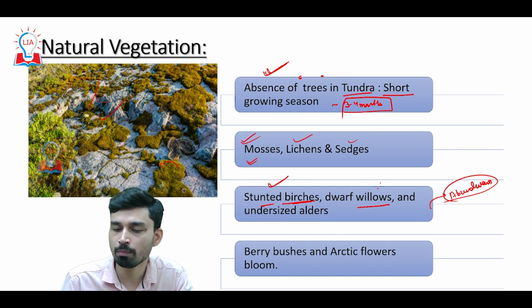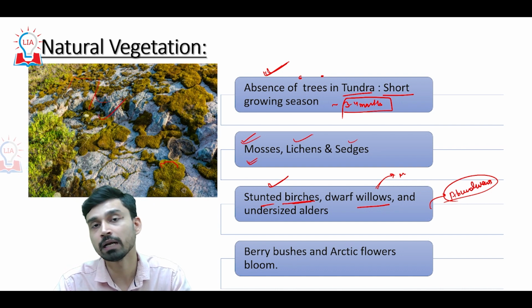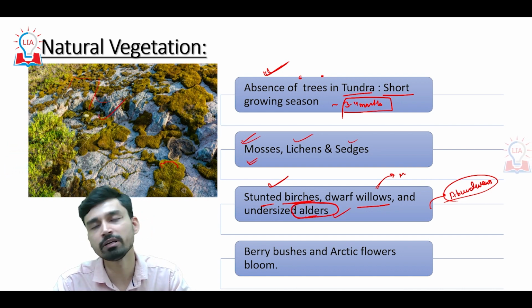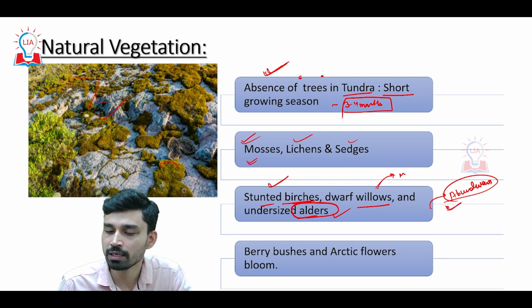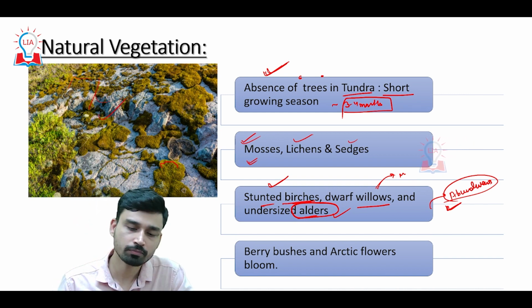Willow is a very popular tree in India. It is also used for manufacturing of bats, as well as in other cricket playing countries, and also undersized alders. So these three trees, birches, alders, and willows, you can see around those areas where we have availability of water in the form of lake or river.